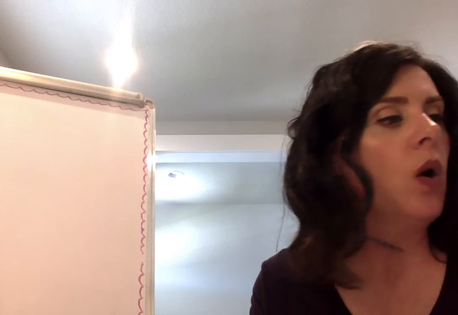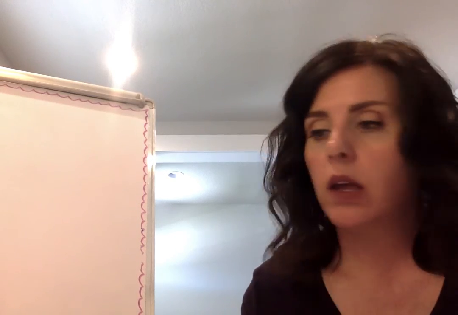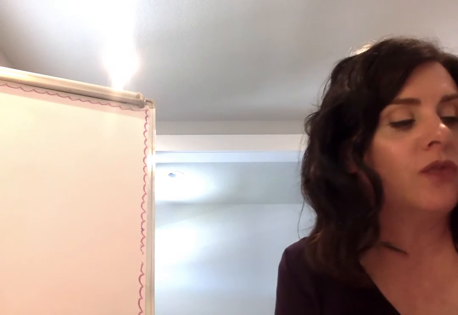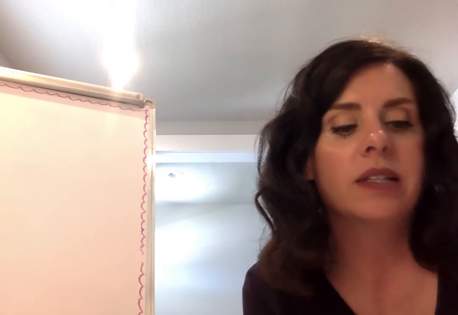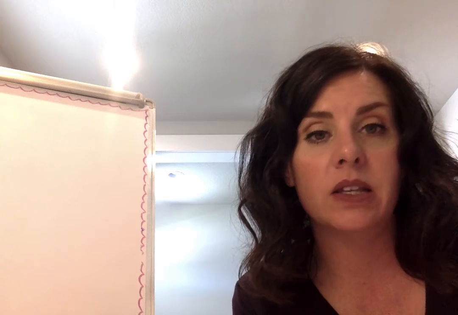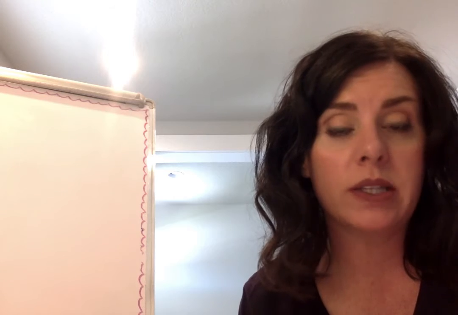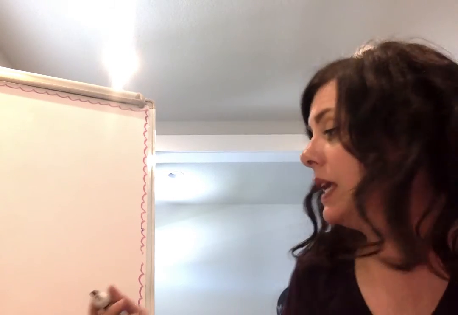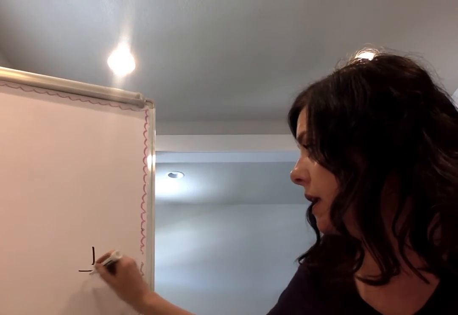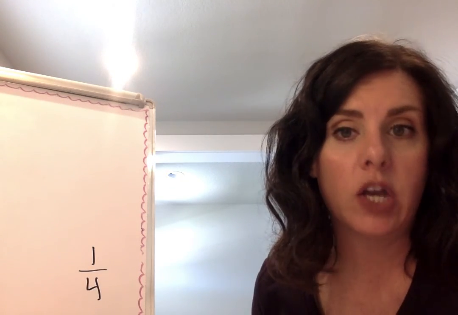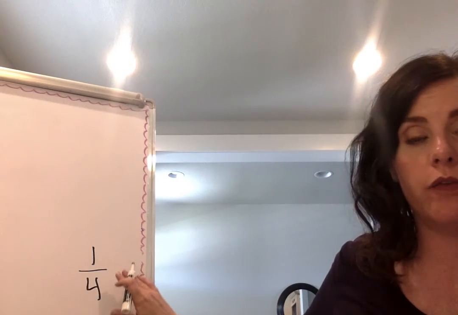Okay, all right, well, my marker, I lost it. There's 4 quarts in 1 gallon. It says, what fraction of 1 gallon is 1 quart? Well, if I had 4 out of the 4 quarts, that would equal a gallon, but I only have 1 out of the 4 quarts that would equal a gallon. So my fraction is 1/4.